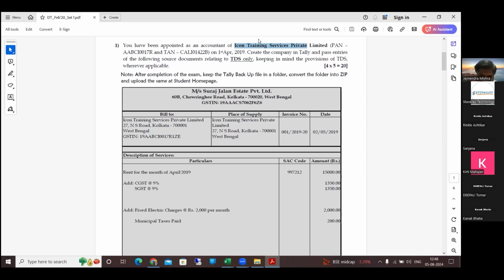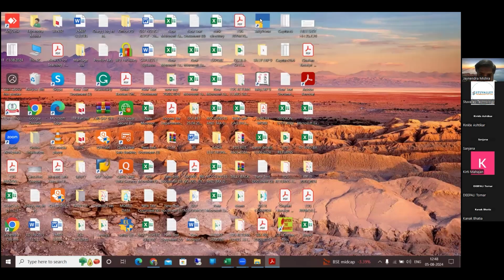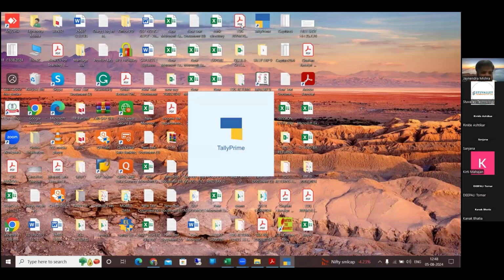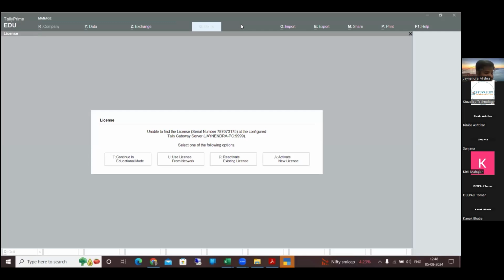So where is Tally? See, friends, here we have Tally. Open it. Hopefully everyone knows how to use Tally. If not, we will learn it. Don't worry, friends. We don't have the license version, so we will work in educational mode as of now.